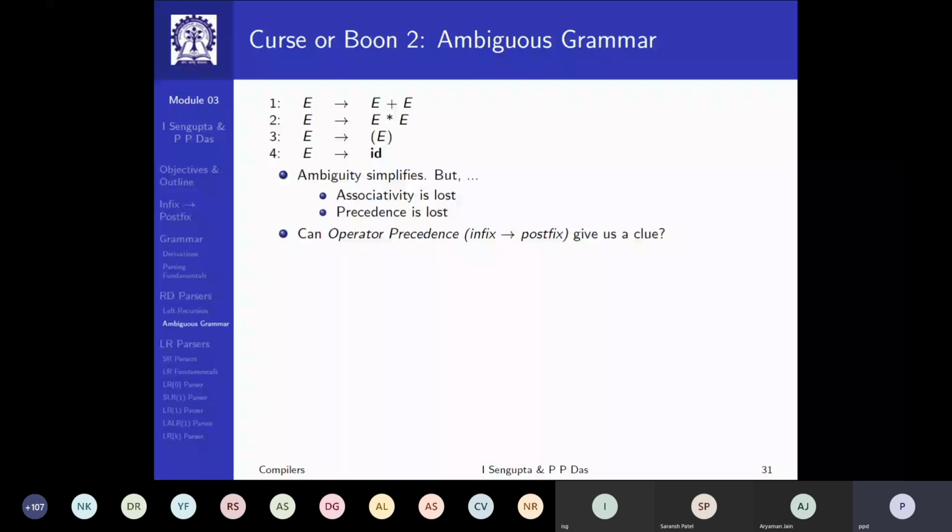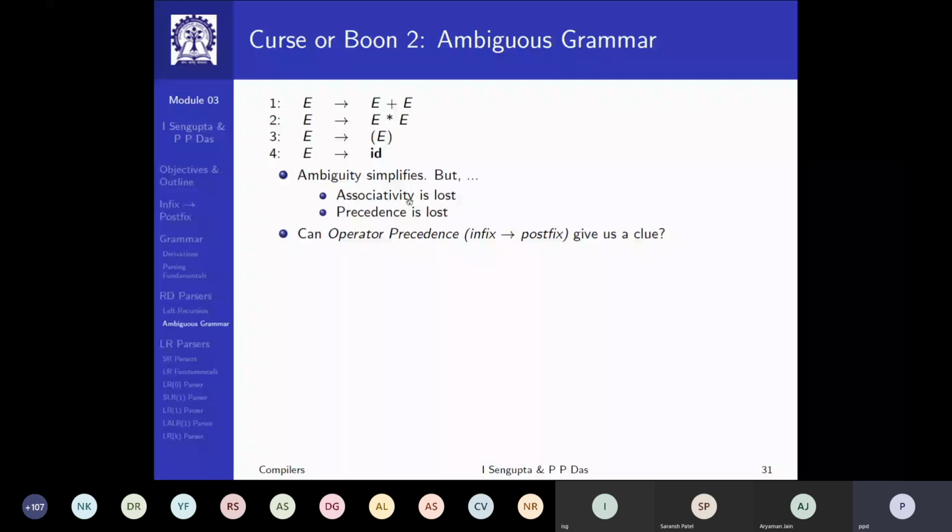So the ambiguity makes it simple, but it leads to losing the associativity information, and also the precedence information, because now I can write ID plus ID star ID. I do not know which one to do, the plus or the star. So the trade-off is between having a simple intuitive grammar and losing this information.